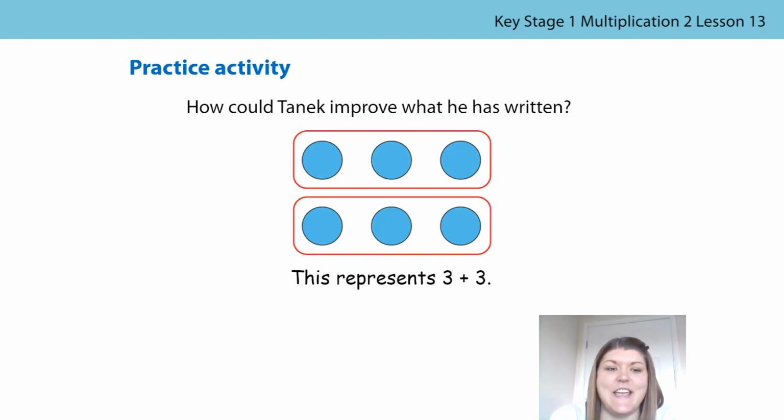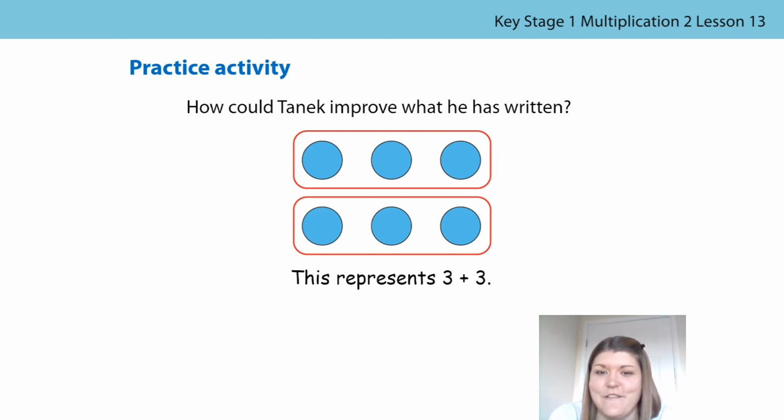Okay, here's a practice activity for you. How could Tanique improve what he has written? There's his picture and he's written, this represents 3 plus 3. You're going to have to think of your learning across all of this sequence of multiplication, but I've got a clue for you.